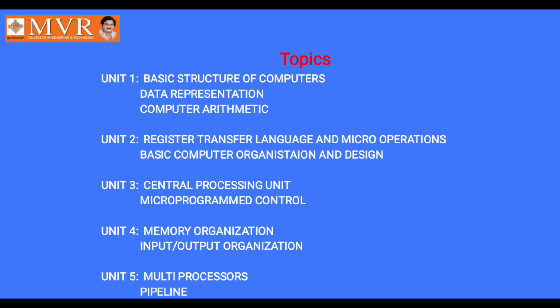Unit 3 deals with the CPU, the central processing unit, which is the heart of the computer, and microprogrammed control. Unit 4 discusses memory organization and input-output organization, from where we take the inputs and to where we store the outputs. Unit 5 discusses multiprocessors and pipeline.